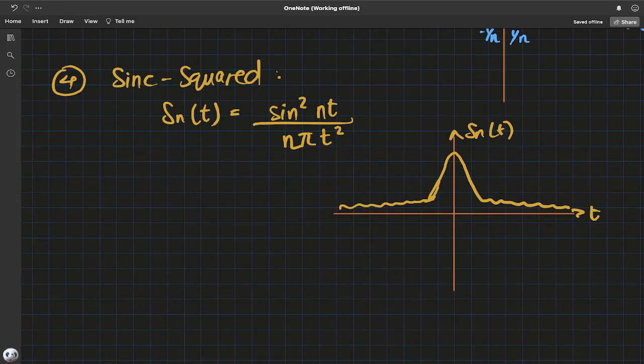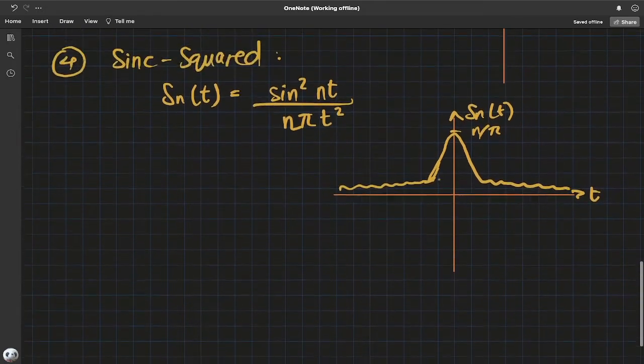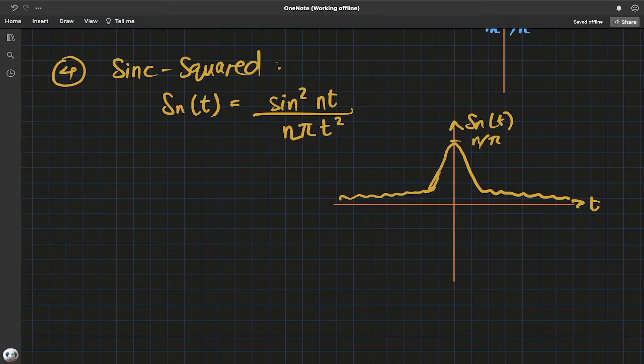So at t equals 0, well, the function actually doesn't exist. The limit exists, and it is precisely n over pi at t equals 0. And you can take literally any other point, say 1 over n or something, and you can probably see it go to 0 at those points.